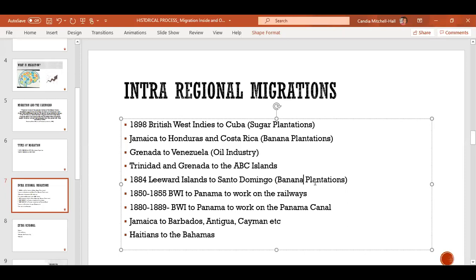And one of the greatest migratory patterns from intra-regional migration is to Panama, over two periods. People from the British West Indies went to Panama first to work on the railway, and the second time they went to build the canal. So there are two periods of migration to Panama.